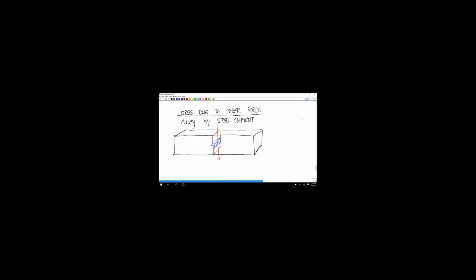And since our coordinate system has the x-axis that way, the y-axis that way, and the z-axis that way, those little stress elements are on the x face. If you have a positive shear force, if this is V, then these are going to be XY stress elements. See that?